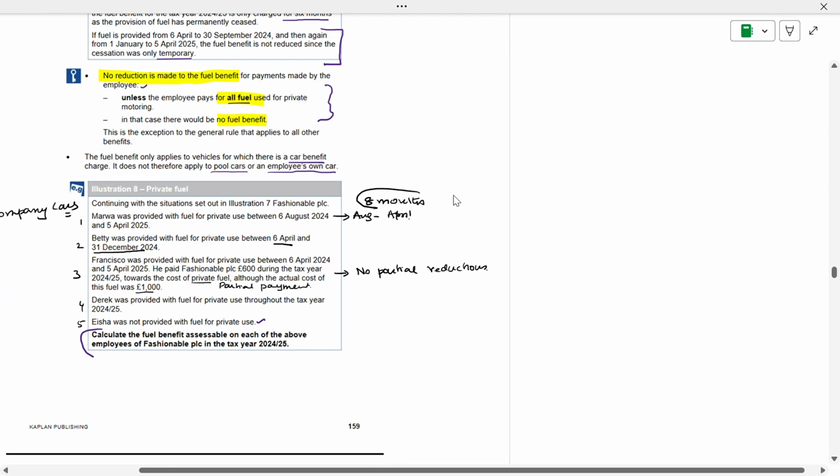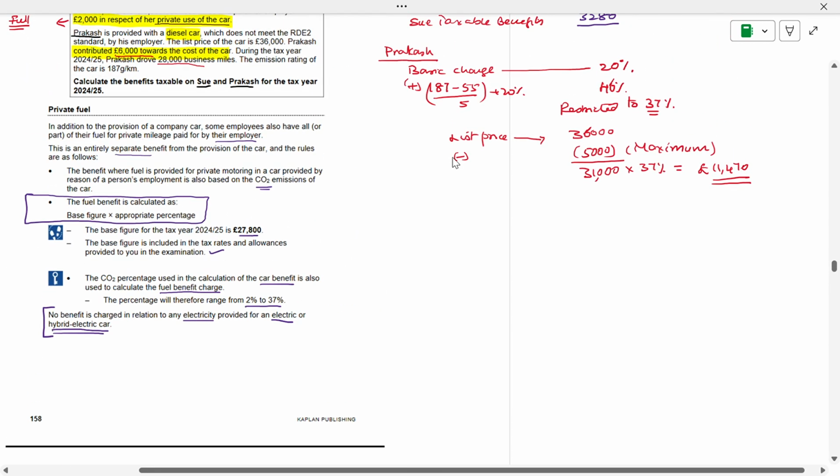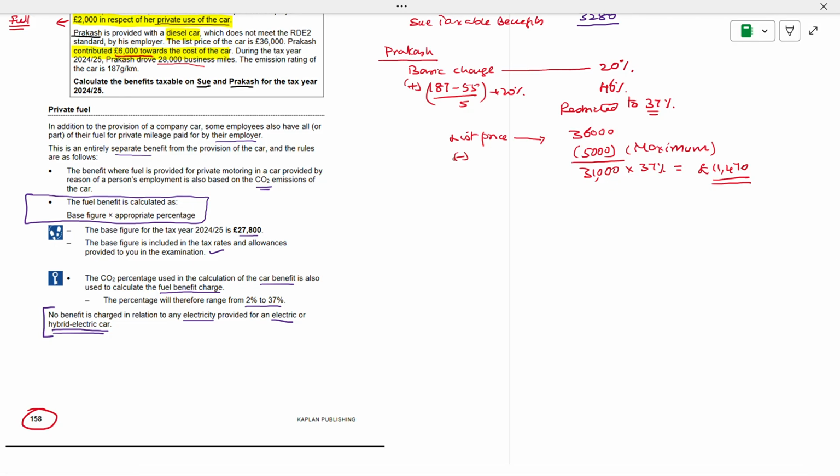It is there. Page number 158. The base figure: in addition to the provision of a company car, some employees also have their fuel for private mileage paid by their employer. If there is this, how much is the base figure? The base figure is 27,800.